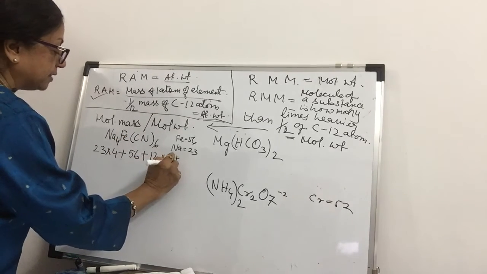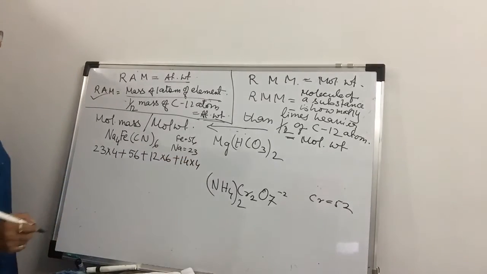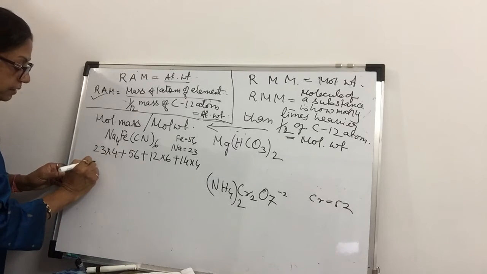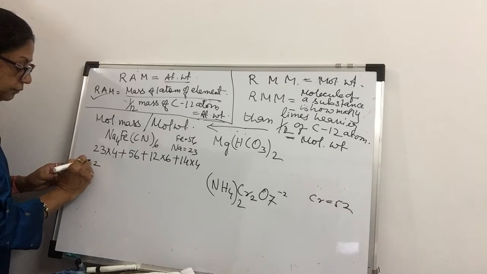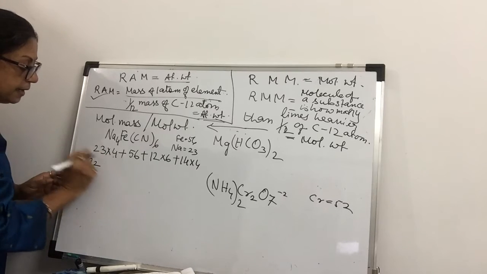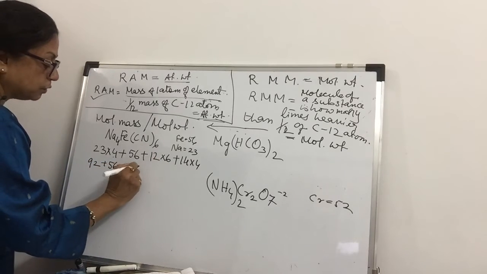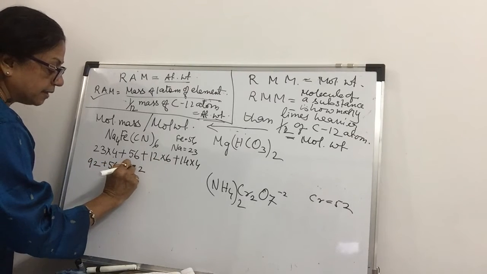Nitrogen is plus 14 into 6. Are you getting me? So here 4 3s are 12, 4 2s are 8, 92. Plus 56 plus 6 2s are 12, 72, plus 6 7s are 42, 84. The total comes to 7.